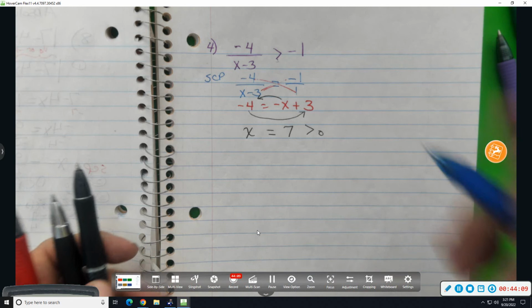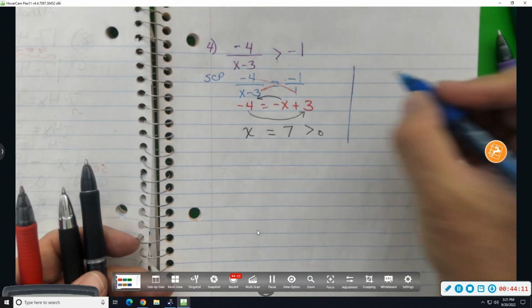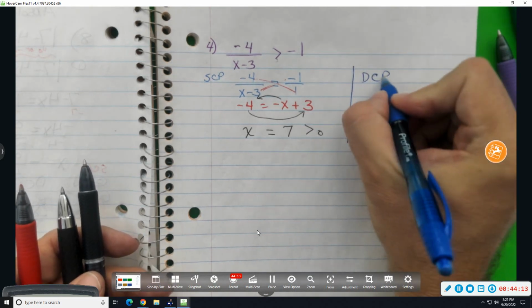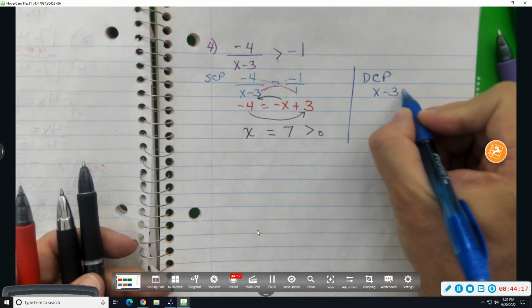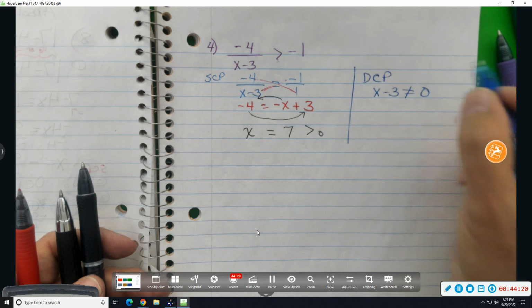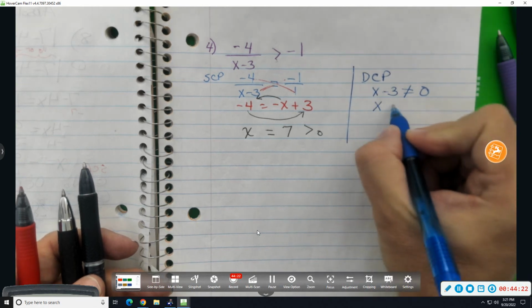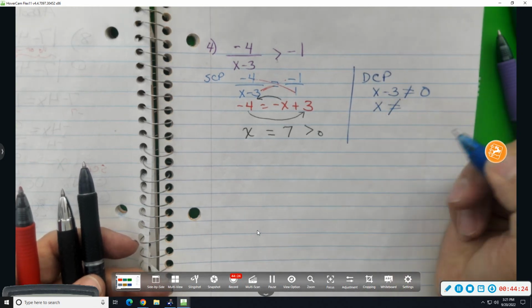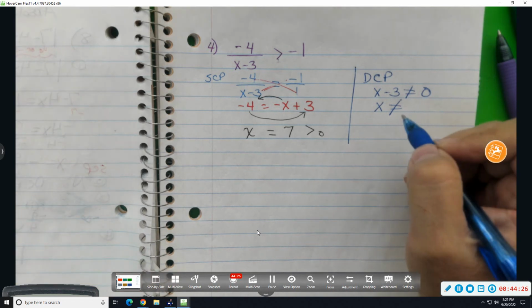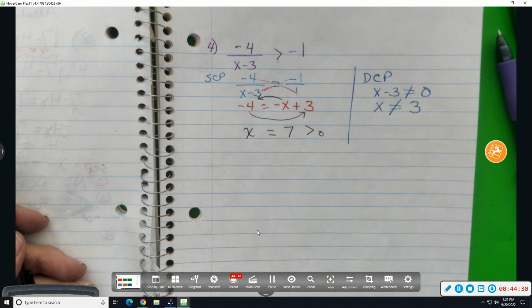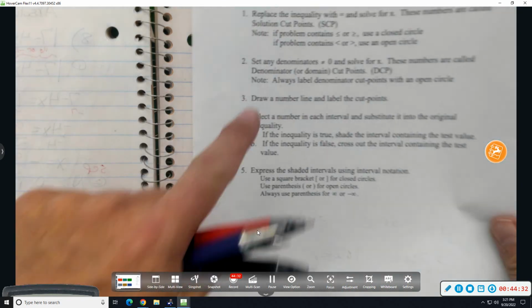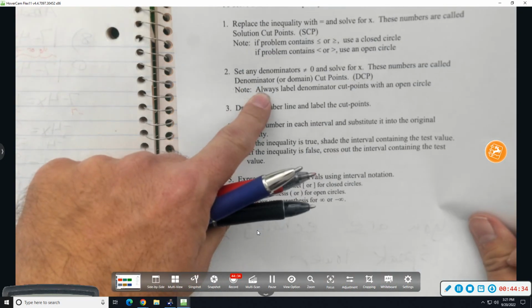Now, what about the denominator cut point? The denominator can't be 0. X can't be, well, for your case, 5. For mine, 3. Denominator cut points, if you look at step 2, are always open circles.